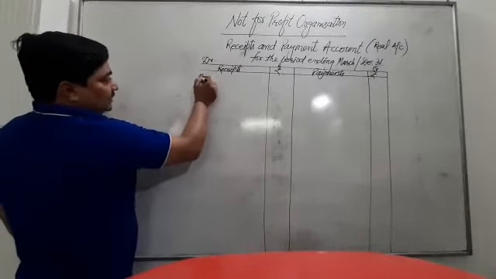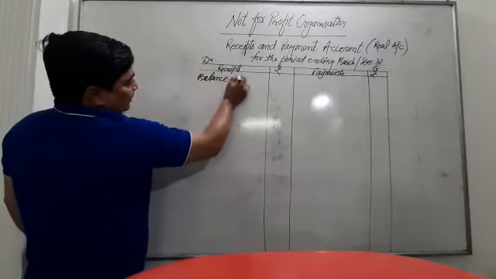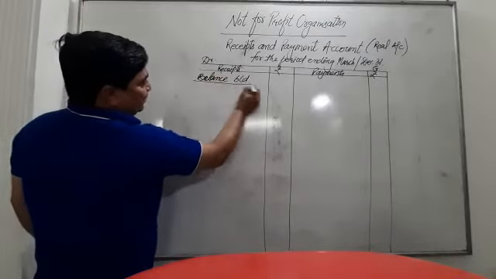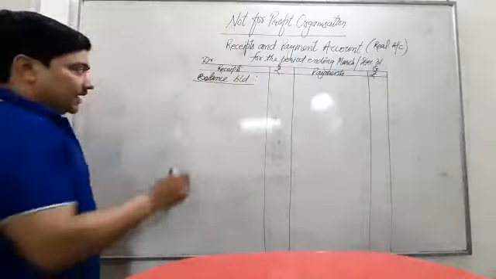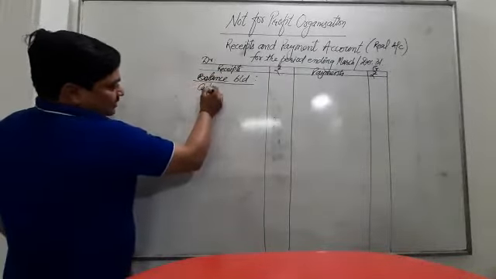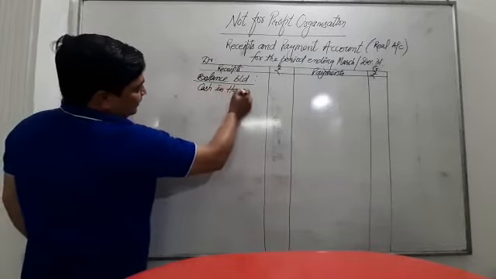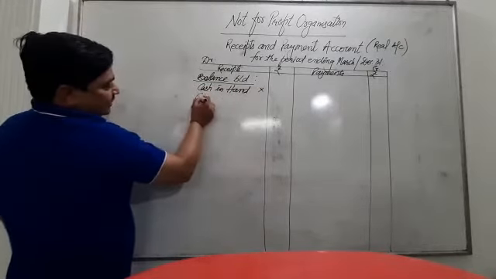First, it will be the balance brought down. Balance brought down may be cash in hand, it may be cash at bank.